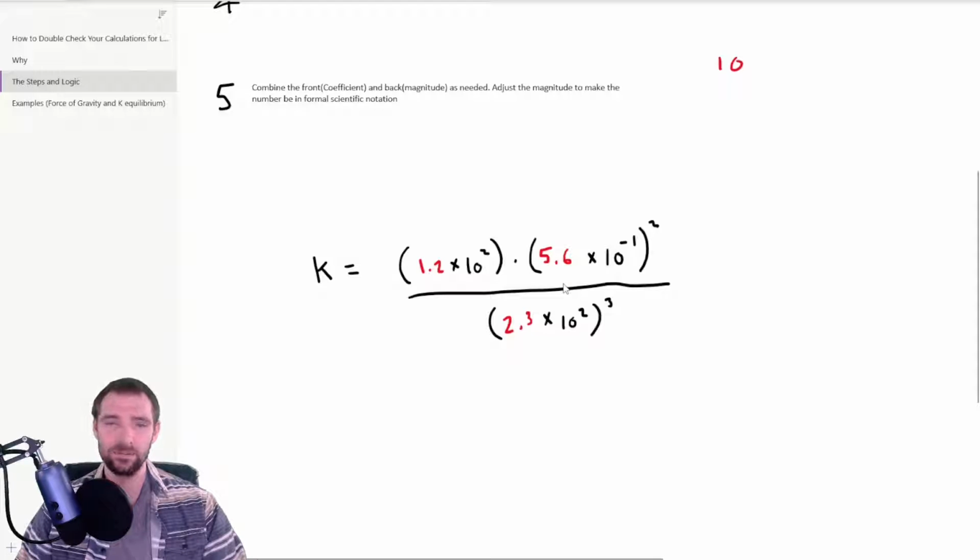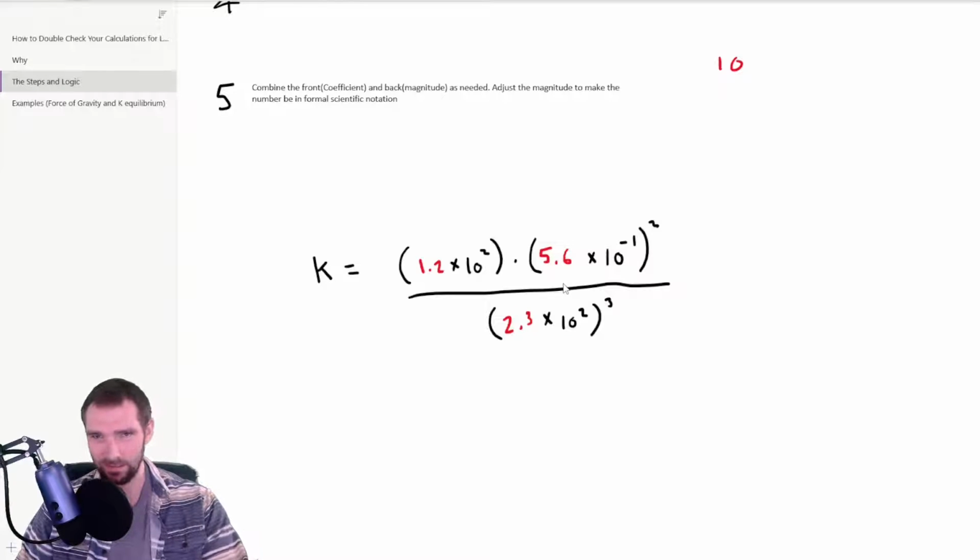That's not your answer, but it gives you the numbers that go in the answer at the least. So all of that goes in front right here. We've got the 1.2 times the 5.6, and there's actually two of these, so you're multiplying by two of those 5.6s.